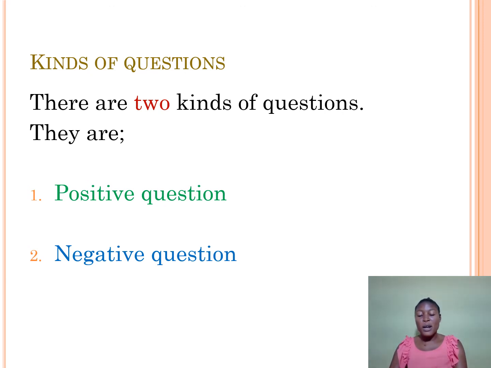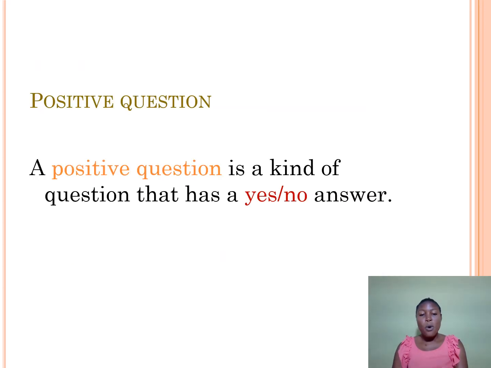Now let's look at them one after the other. What is a positive question? A positive question is a kind of question that has a yes or no answer. It comes with a straight sentence and you just answer by saying either yes or no.